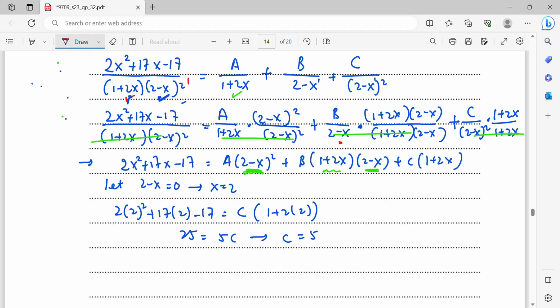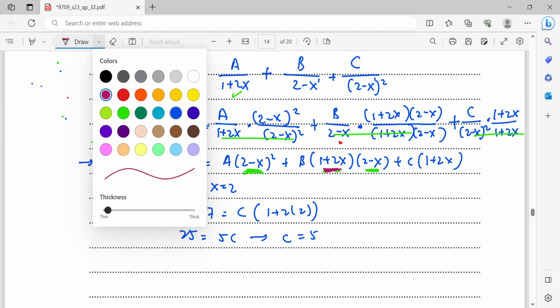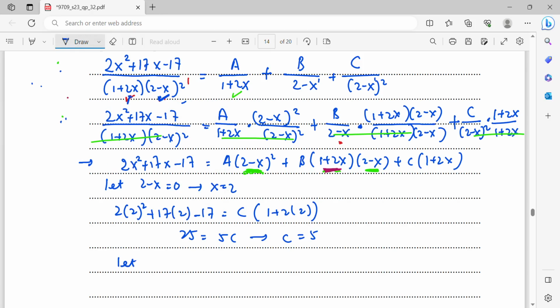Next step is to let the other factor be 0. So 1 plus 2x be 0. That means your 2x is minus 1, hence the x is minus half. So now again substitute this into the equation. So I get 2 bracket minus half squared plus 17 times negative half, negative 17.